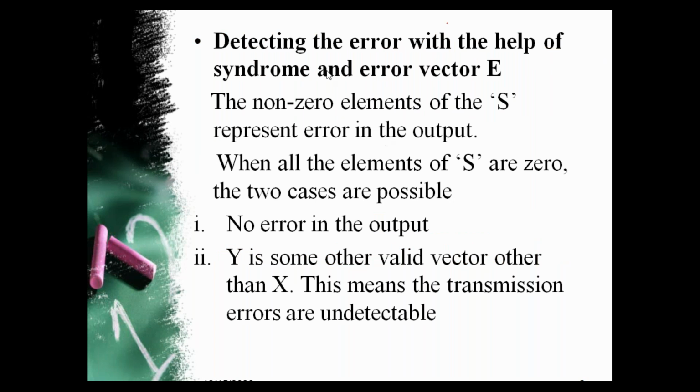Here we detect the error with the help of the syndrome and the error vector. The non-zero elements of S represent errors in the output. When all the elements of S are 0, two cases are possible.